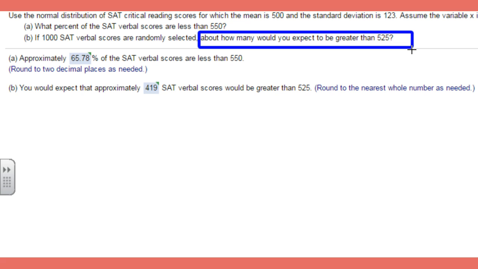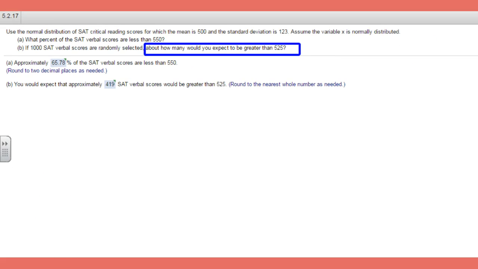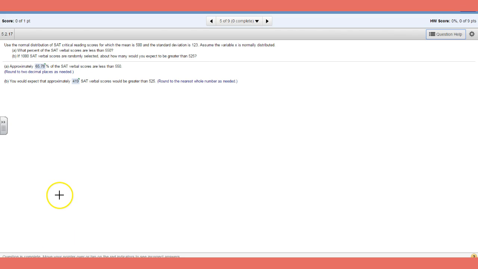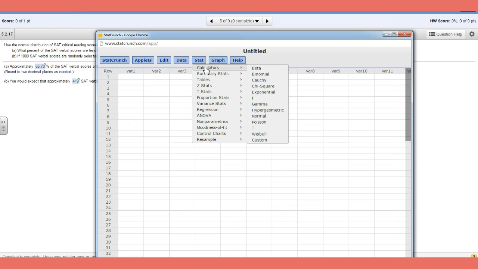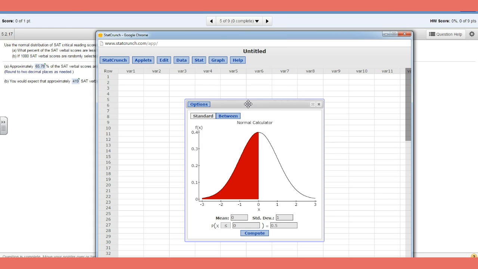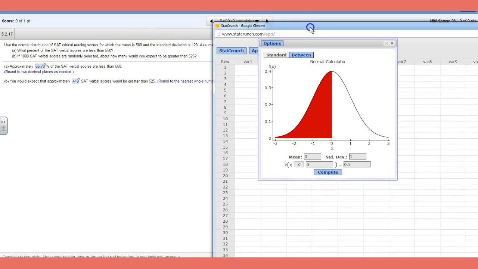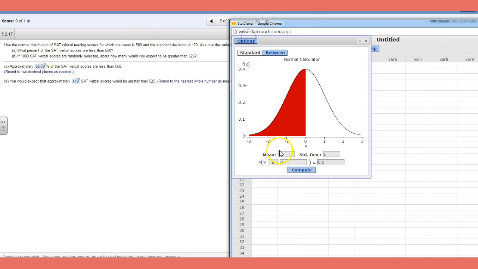And because you know that it's a normally distributed curve, you're going to be using your StatCrunch for that. So let me go ahead and do that first. All right, so I'm going to click on my StatCrunch. Stats, Calculators, Normal. Remember, you have to change your mean and standard deviation.